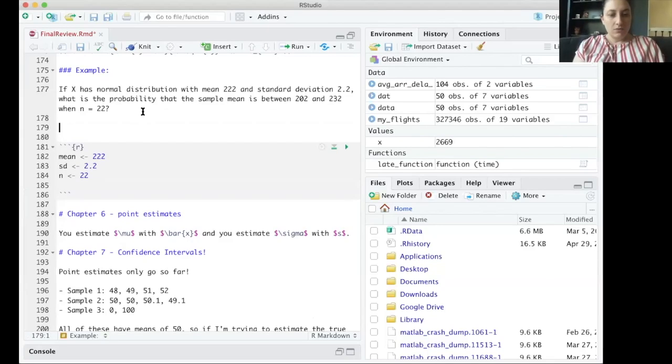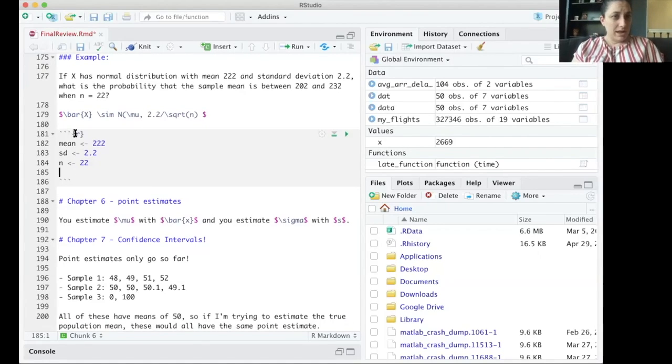We know that our x bar follows a normal with mean mu and standard deviation 2.2 divided by the square root of n, right?